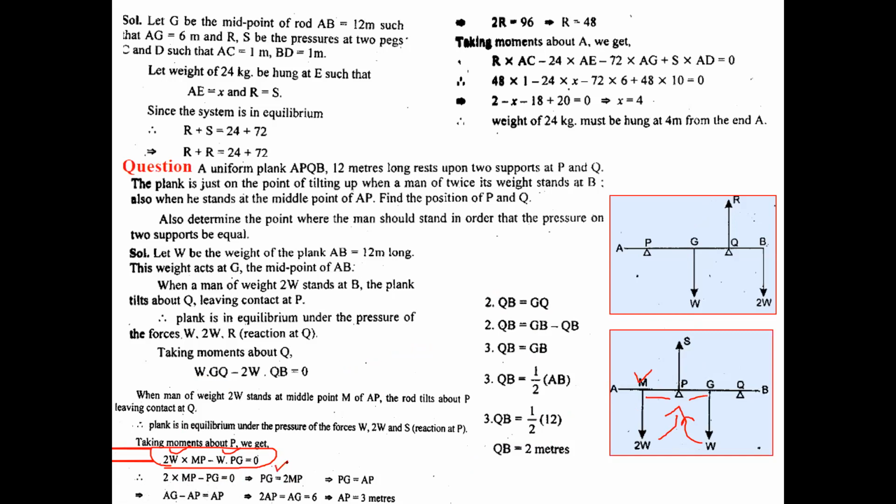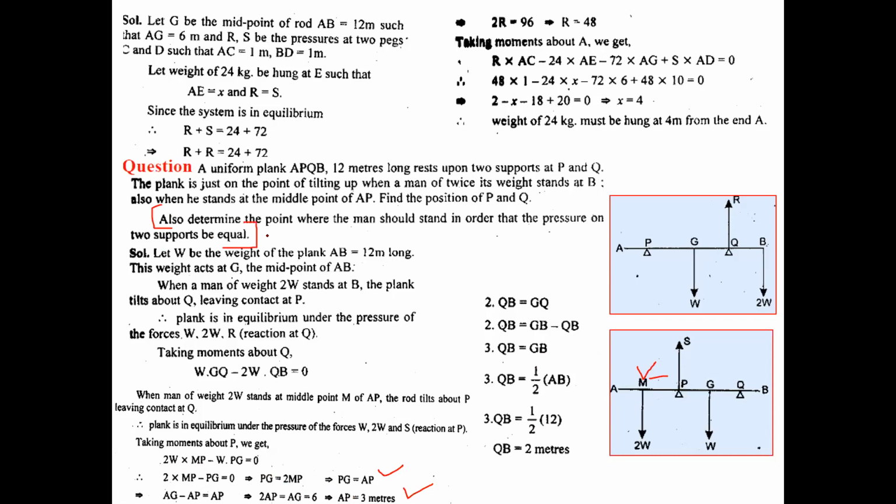Solving this equation, we get PG equal to 2MP. 2 times MP is AP, because M is the middle point of AP. So PG is equal to AP, and we can write PG as AG minus AP. So we get 2AP equal to AG. AG is 6, so AP is 3 meters. So we have found the positions of both P and Q.